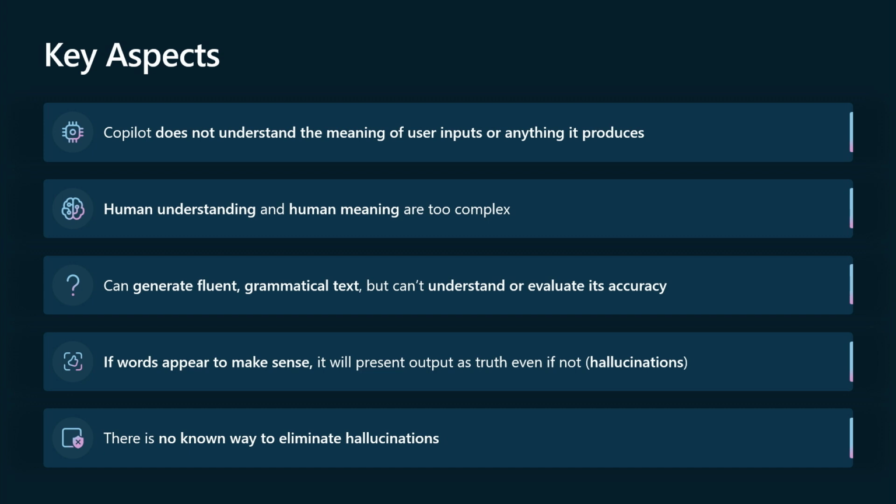If the words appear to make sense, Copilot will present it to you as if it were accurate. And by the way, this is not a Copilot thing. This is an LLM thing. LLMs do not understand these. And as a result of that, it can create what are called hallucinations. That's simply when the LLM provides information that is simply not true. But it's doing that because that's what it's designed to do.